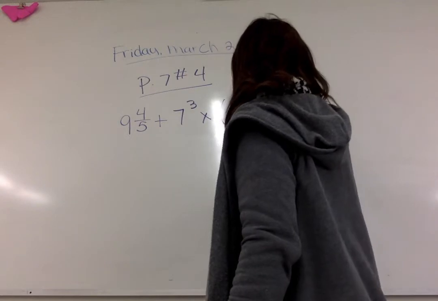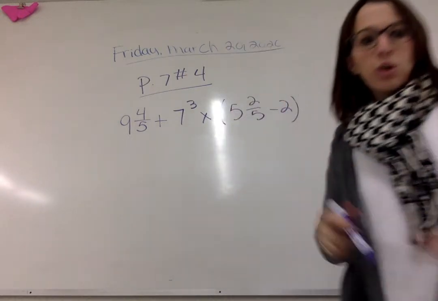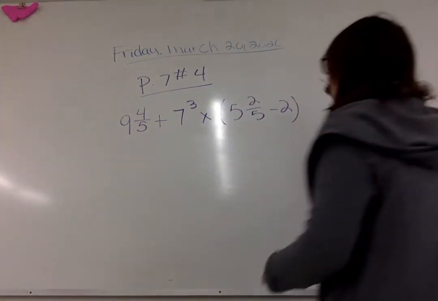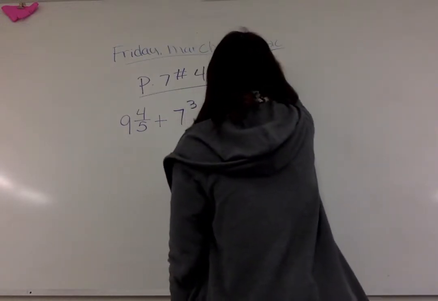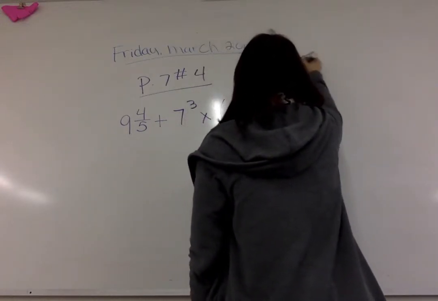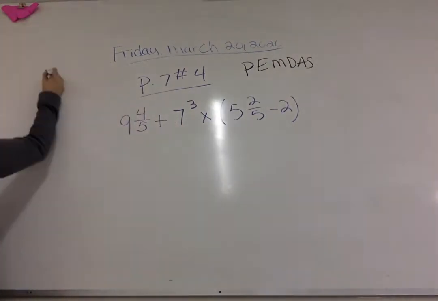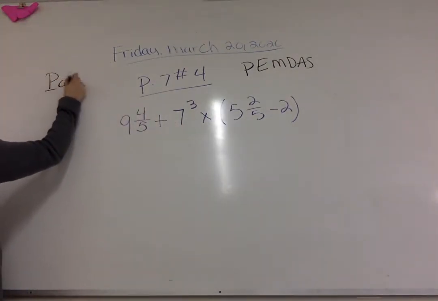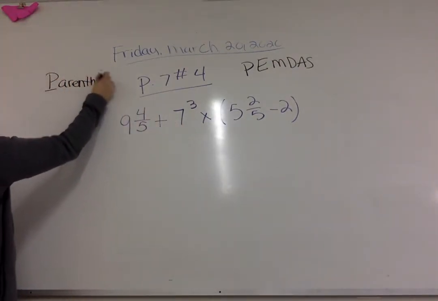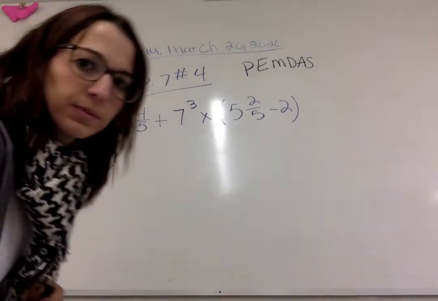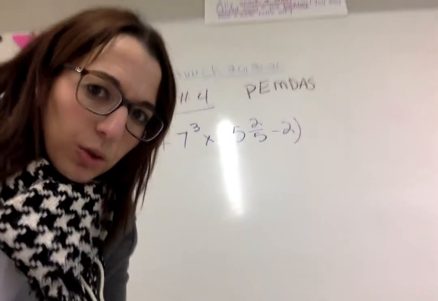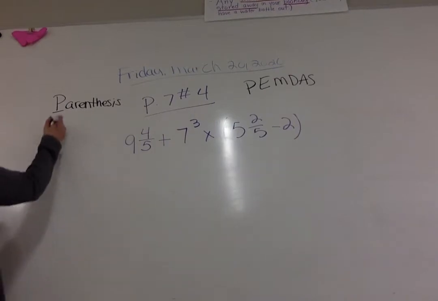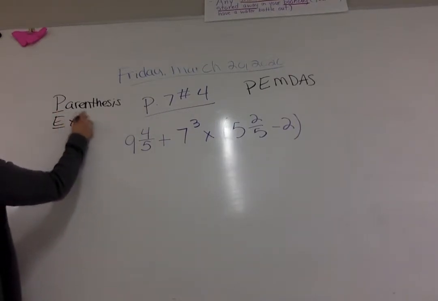So this is what we have. We know that when we use order of operations, we use PEMDAS. Please excuse my dear Aunt Sally. I'm going to write over here, P is parentheses. Hope you can all see that. P is parentheses. E is exponents.